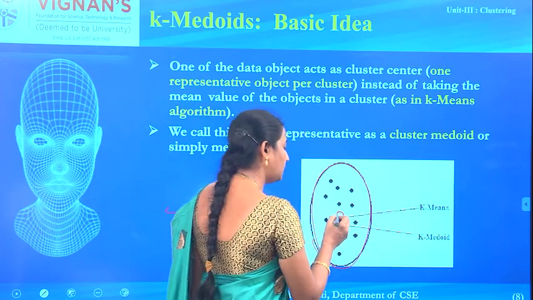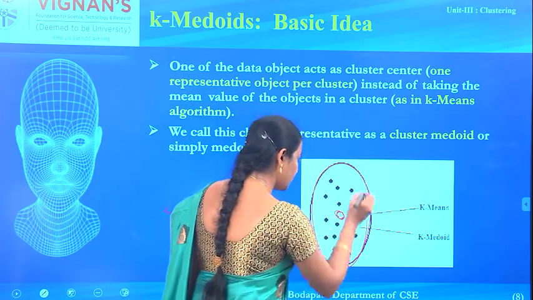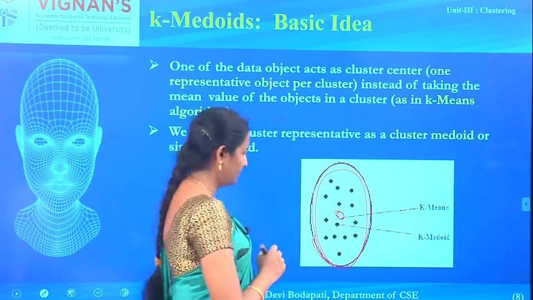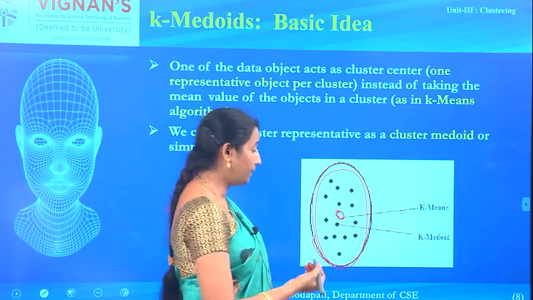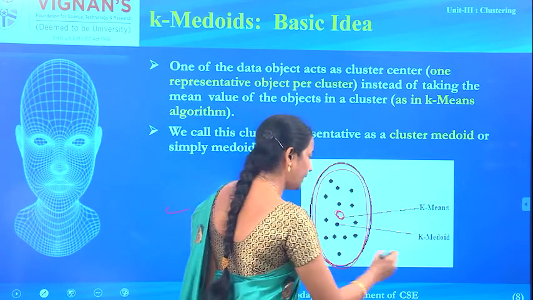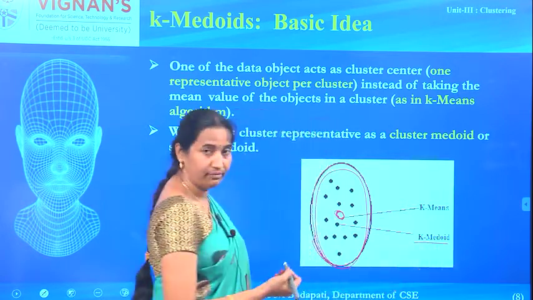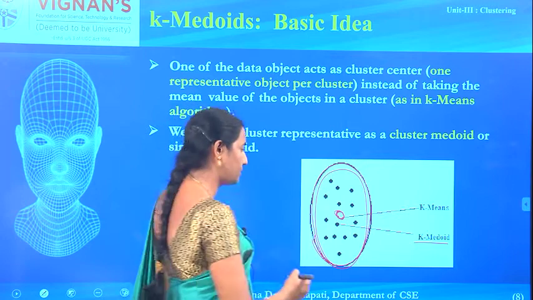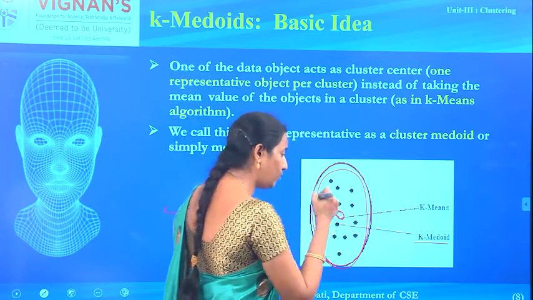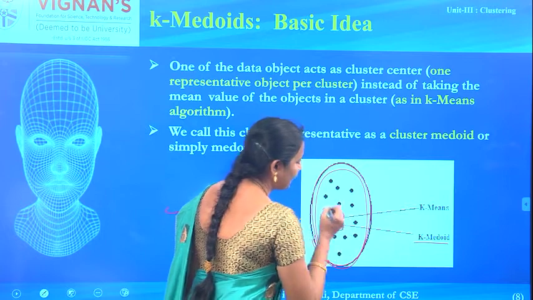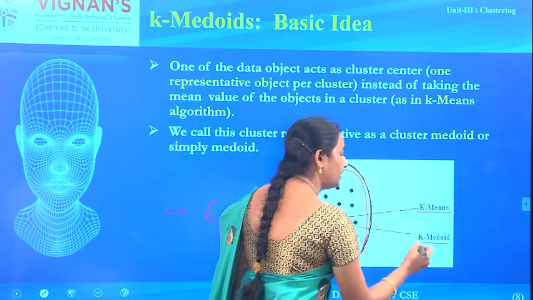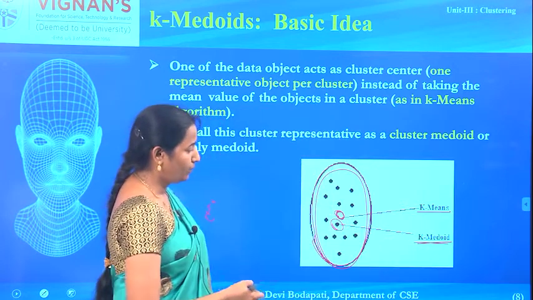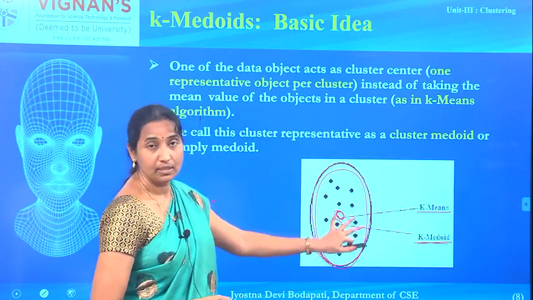It is actually the mean of the data points present in the cluster. So it need not be one of the data samples, because we are considering the mean of the data samples. Whereas in case of the K-Medoids algorithm, the cluster representative must be one of the data samples. That is the basic difference between K-means and K-Medoids. Other than that, both work more or less along similar lines.